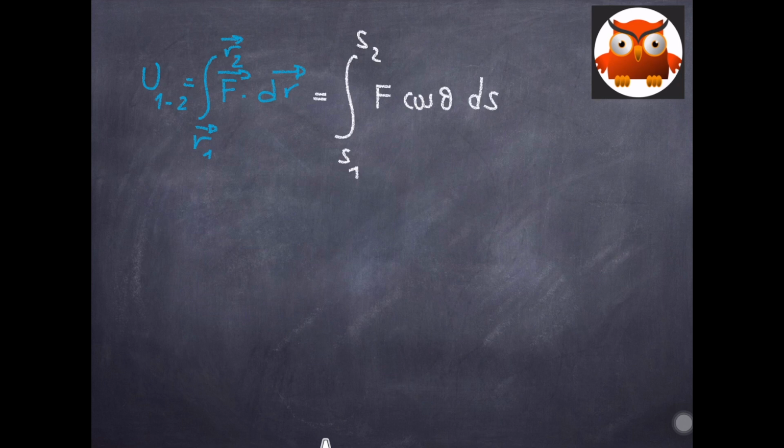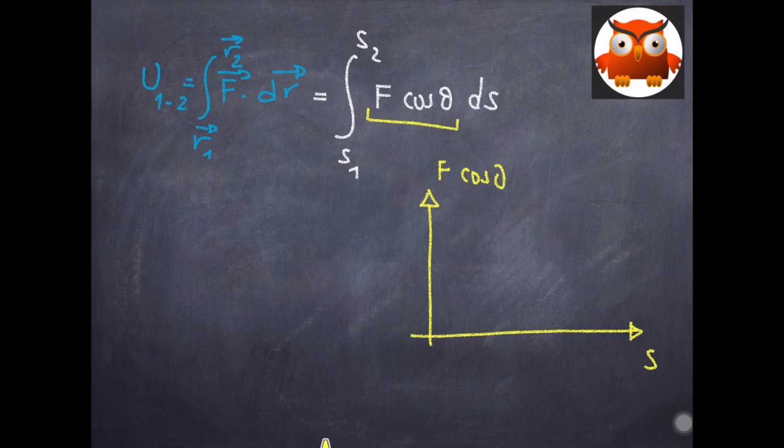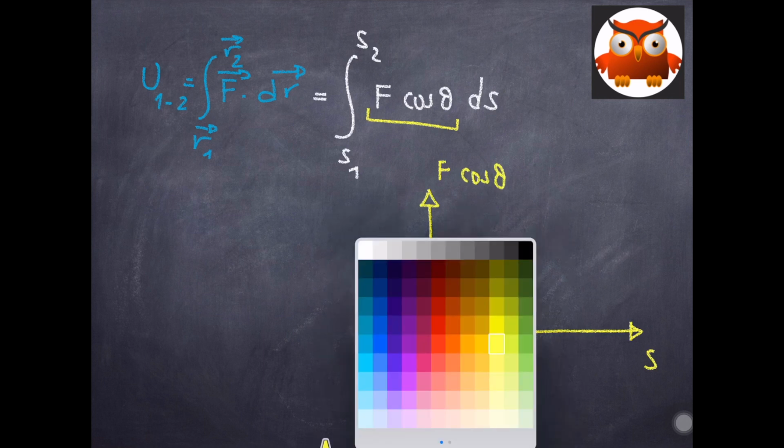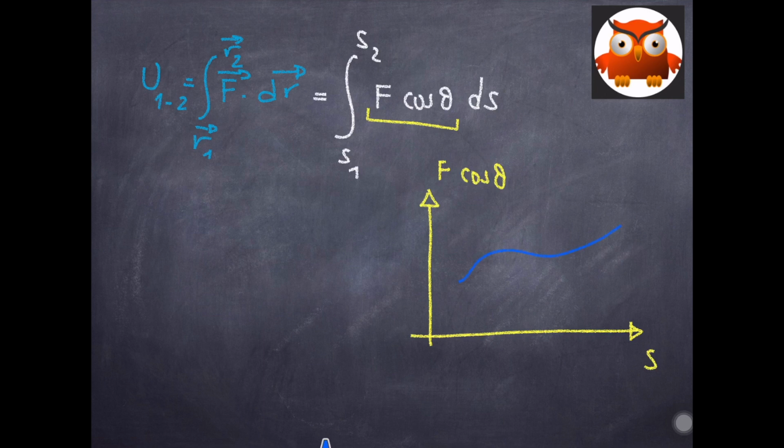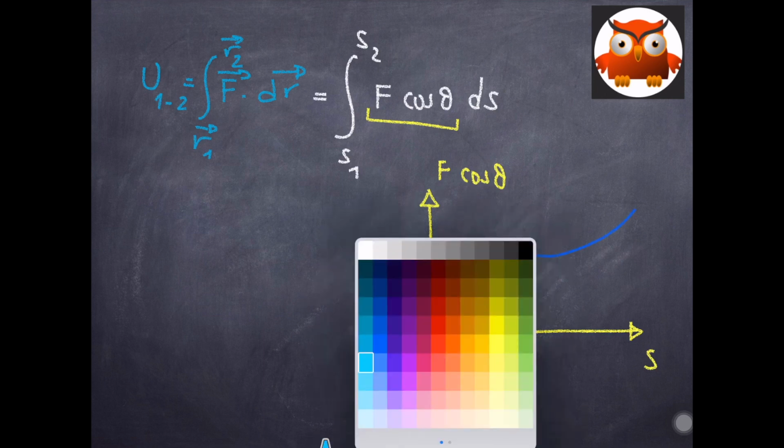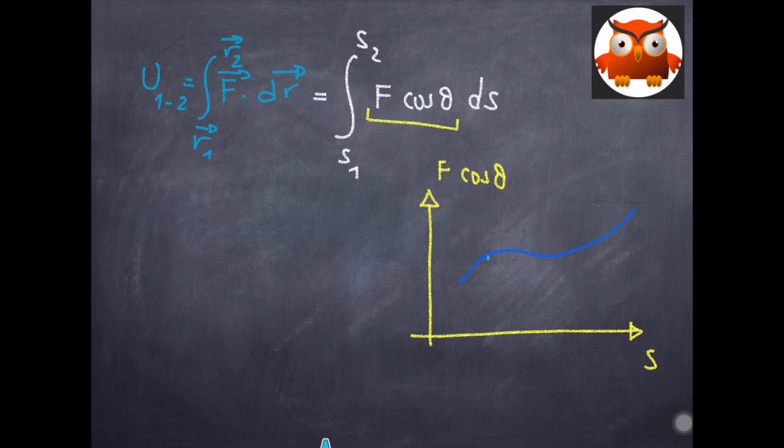Now if you look at this integral, you see that we have the integral of the function f cosine theta with respect to s. So this means that if I have f cosine theta as a function of s, like this, then the work done will be the area under the graph between S1 and S2.